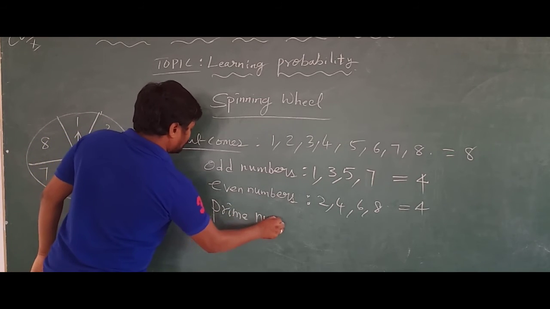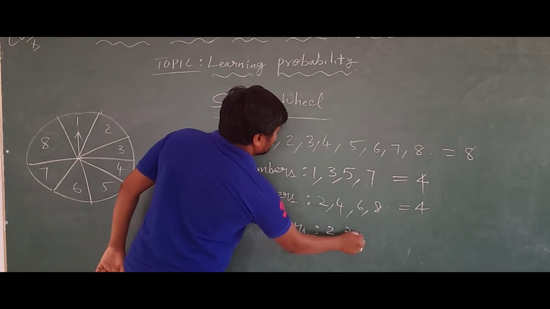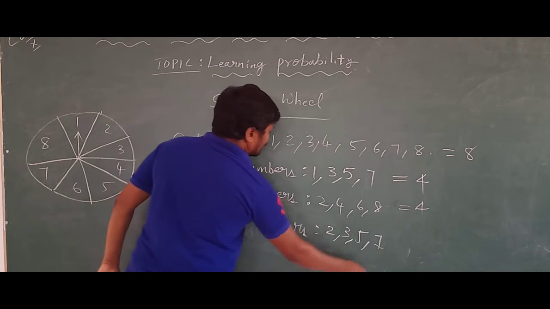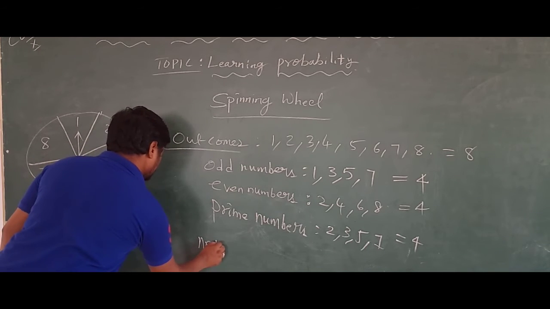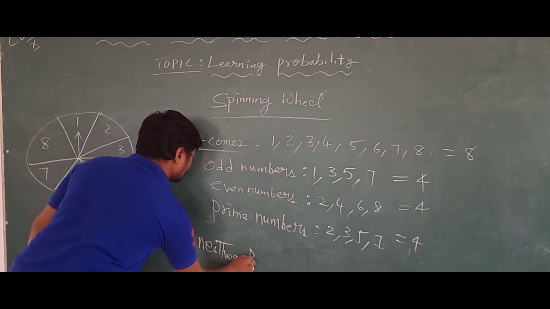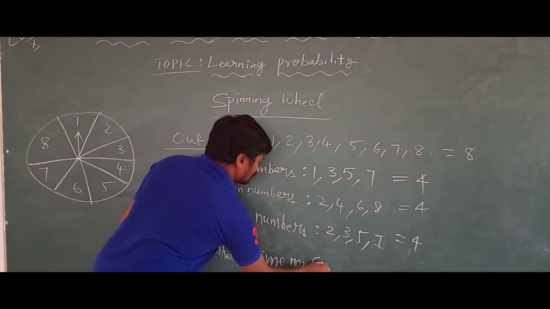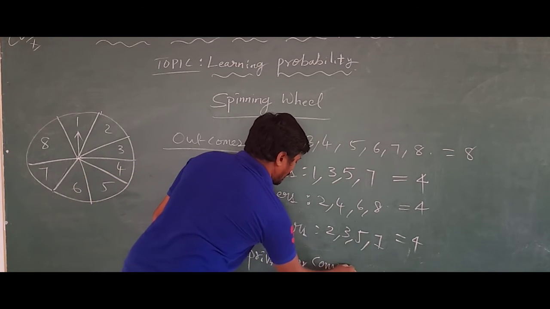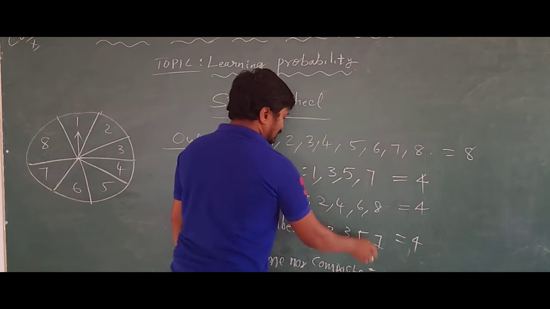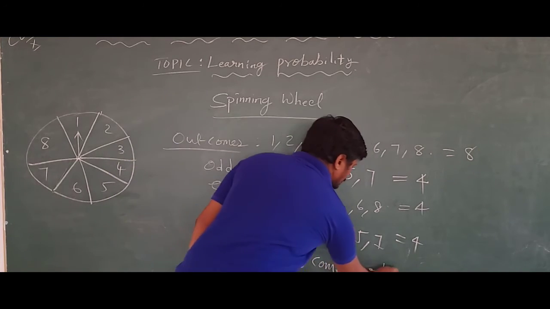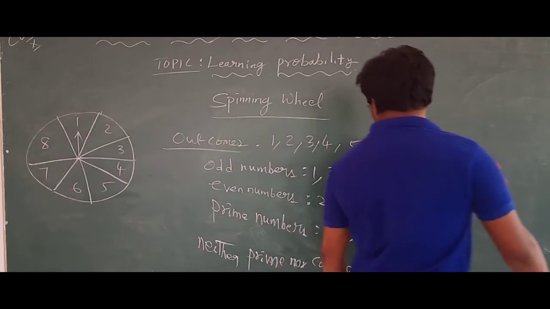Now prime numbers. Here prime numbers are 2, 3, 5, 7. So the number of prime numbers is 4. Now neither prime nor composite. Here how many numbers are there? Only one, that number is 1. So the number of such numbers is 1.